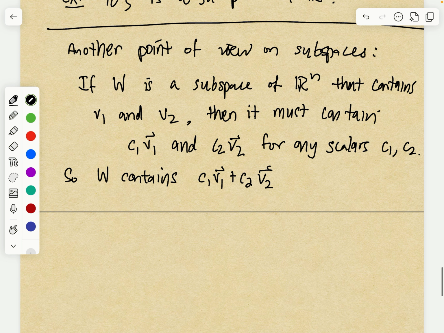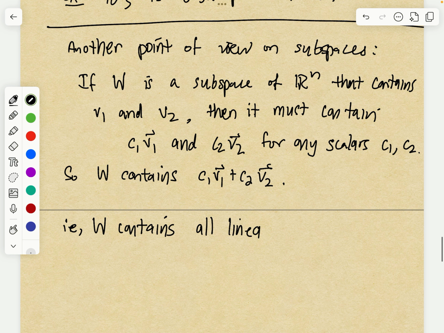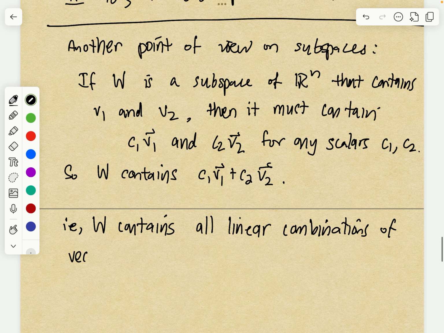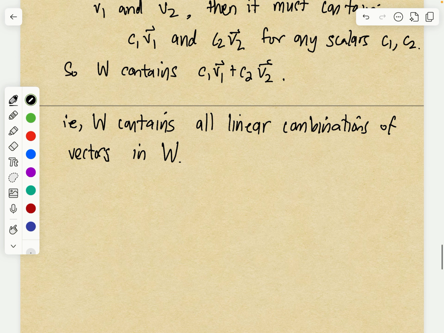In other words, this shows that W contains all linear combinations of vectors in W. Whenever you have two vectors in W and take any linear combination, that also must be in W. And also, if W has this property, then W must be closed under addition and closed under scalar multiplication.